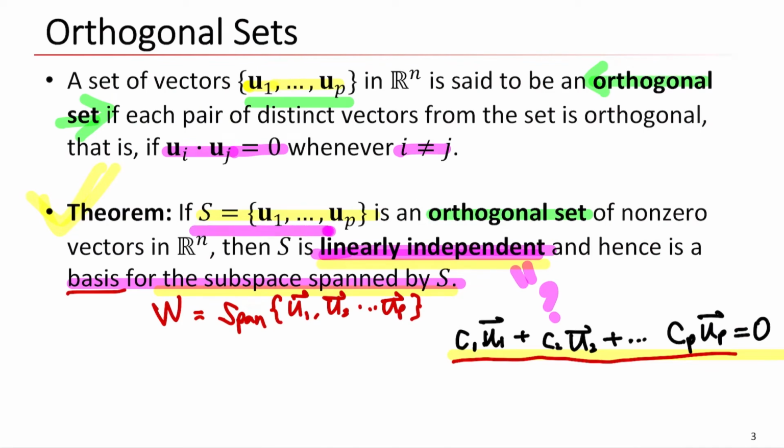A set of vectors u1 through up is said to be an orthogonal set if any pair of distinct vectors from the set is orthogonal, as you can see here: ui inner product uj equals 0.